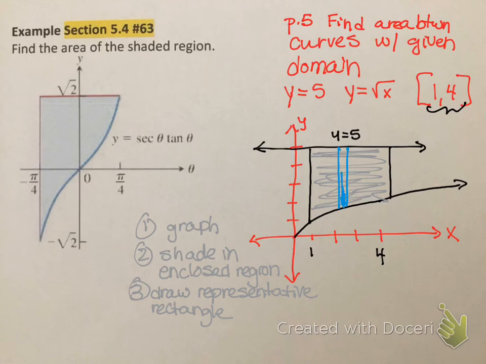Now you need to get in the habit of this. I want you to slide that in your head. Slide it right to left, all the way over to 1, all the way over to 4. Back and forth in your head. Do you see that the top stays on the curve y equals 5 and the bottom stays on the curve y equals rad x?